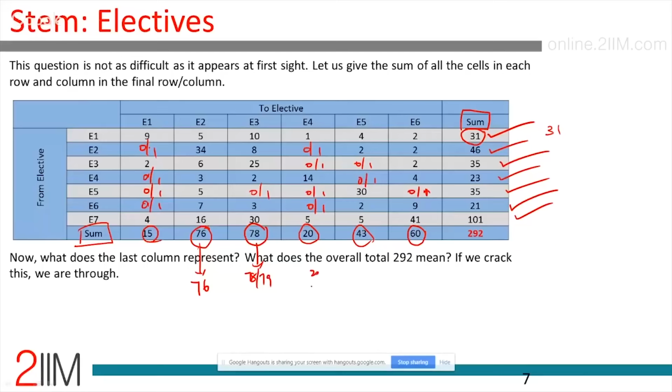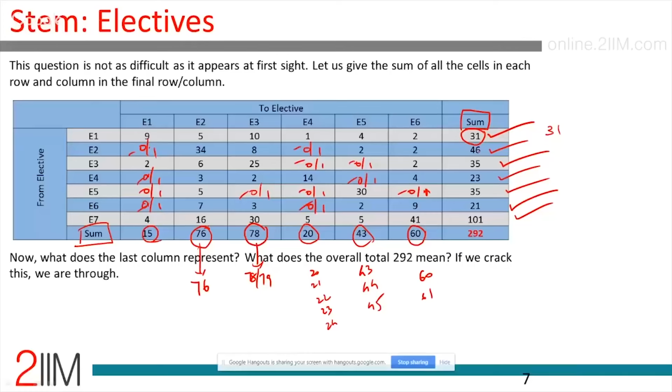This total is 20 or 21 or 22 or 23 or 24. So each of these could be 0 or 1. This total is 43 or 44 or 45. This one is 60 or 61. So how many of these are there? 1, 2, 3, 4, 5, 6, 7, 8, 9, 10, 11, 12. 12 of these 0/1s are there.